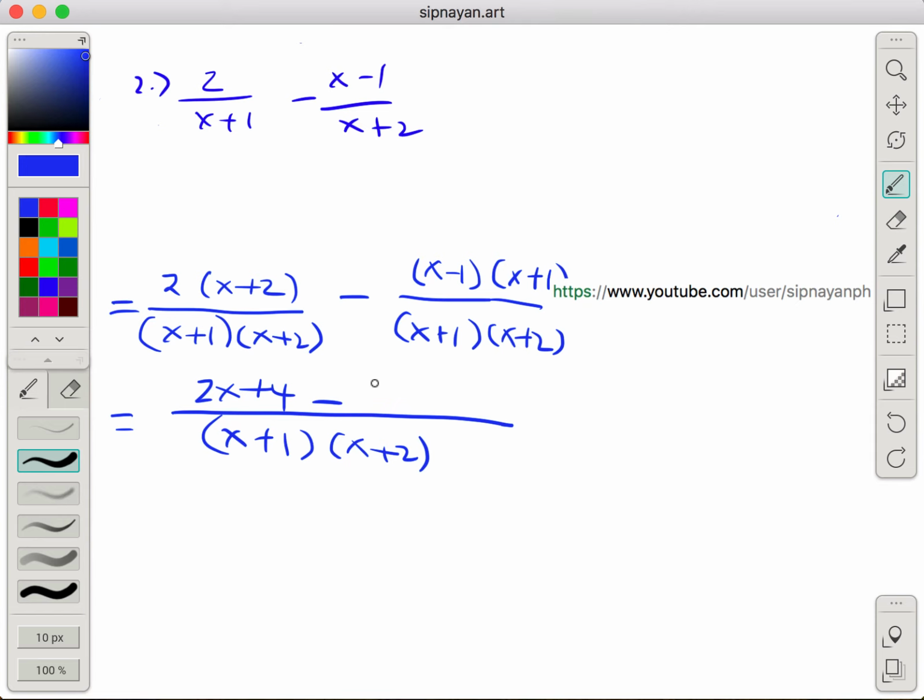Yung mina-minus natin, so pwede natin lagyan ng parenthesis. What is the product of x minus 1 times x plus 1? This is x squared minus 1, yung parang kanina finactor natin. Difference of 2 squares. No? Which is equal to 2x plus 4 minus x squared plus 1 over x plus 1 times x plus 2.